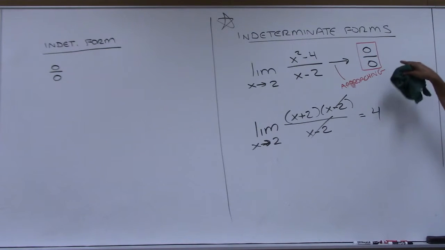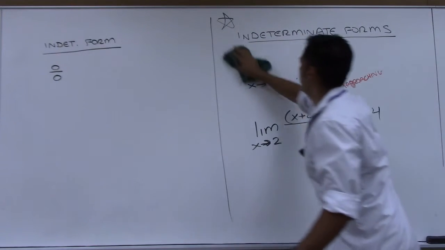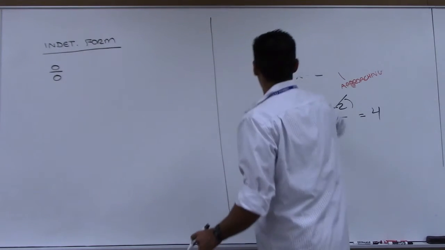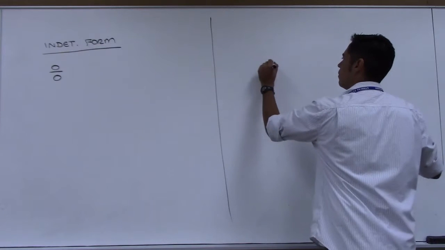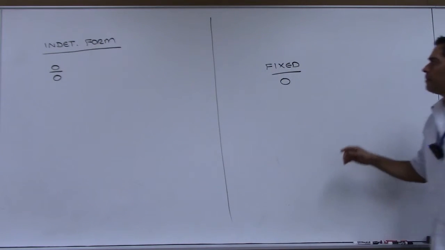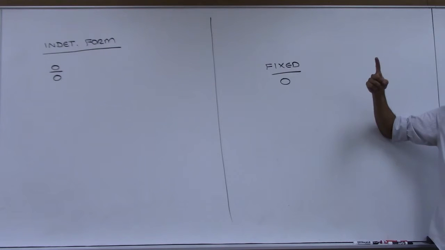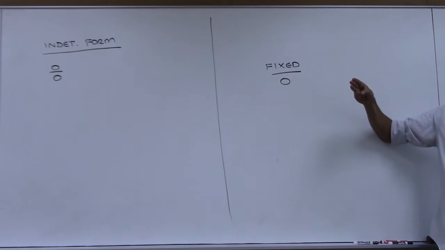What other situations did we run into here where we couldn't tell right away what the answer was? Okay, so hold on. I'm going to write down what y'all are saying, then let's talk about them. I heard fixed over 0. Was that indeterminate? What were the possibilities when we had fixed over 0? Does not exist, or infinity, or negative infinity, right?